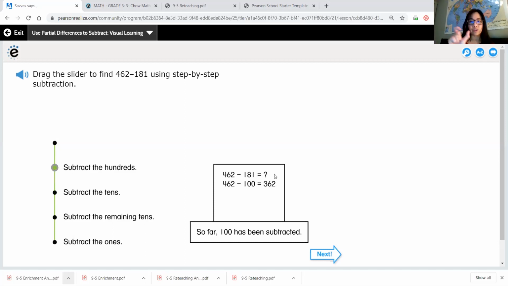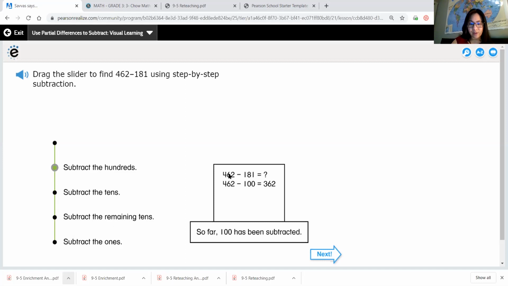So partial differences is kind of like the inverse or the opposite of partial sums, when we added together the hundreds, the tens, and the ones. So now we're going to be subtracting the hundreds, then the tens, and so on.